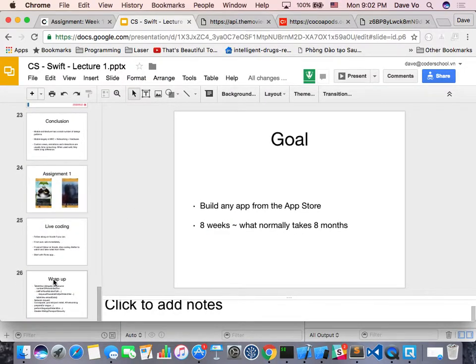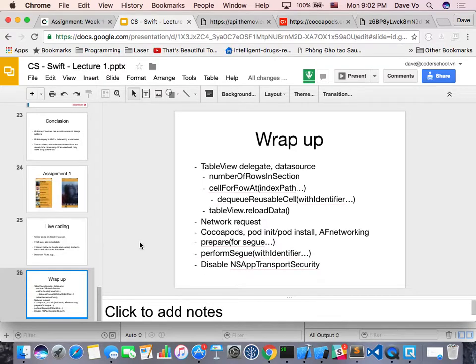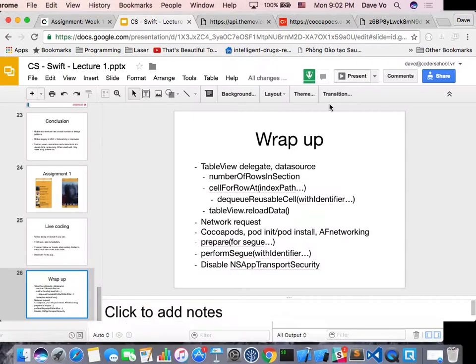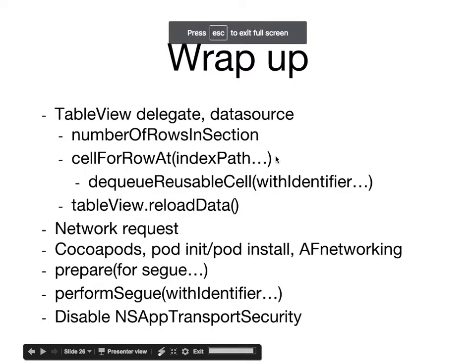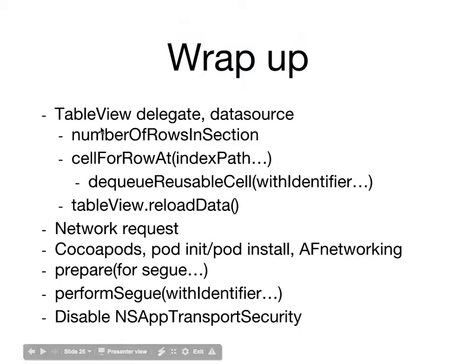I am running 2 minutes over, so just a wrap up before we end the class today. Again, remember table view, two things you need to remember: the delegate and the data source, right? When you inherit from UITableViewDelegate and UITableViewDataSource, it will ask you to implement two more functions: numberOfRowsInSection, and the second one is cellForRowAt indexPath, right?